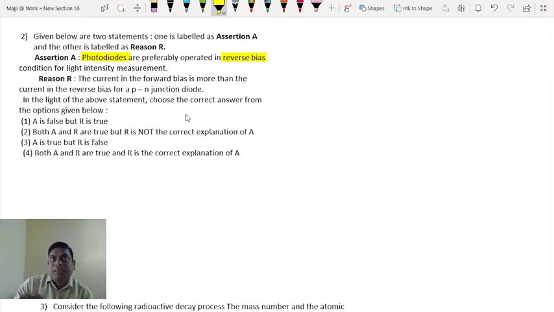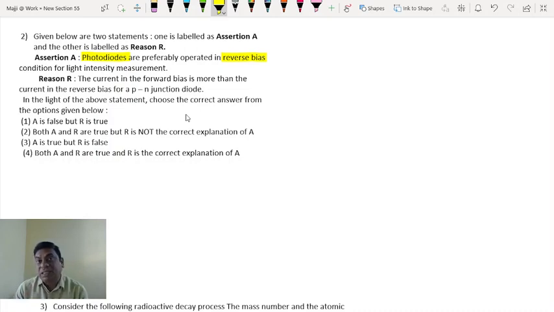Now, in the forward bias, current is more, whereas in the reverse bias, current is less. So when the incident light keeps changing, the corresponding change in current will be more noticeable during reverse bias, because in the reverse bias current is already weak. So a small change in current will result in a larger fractional change in current.